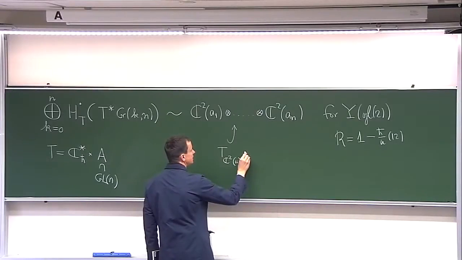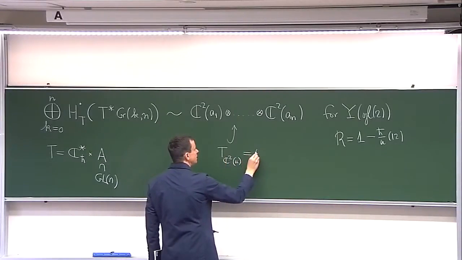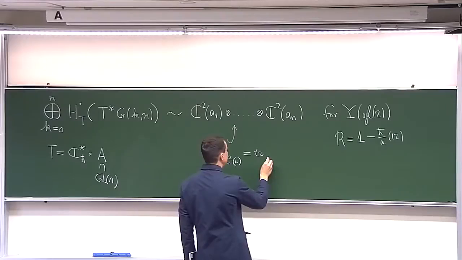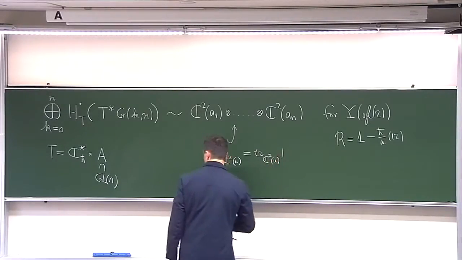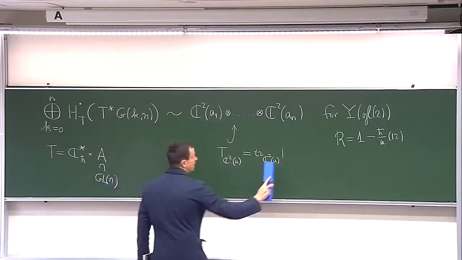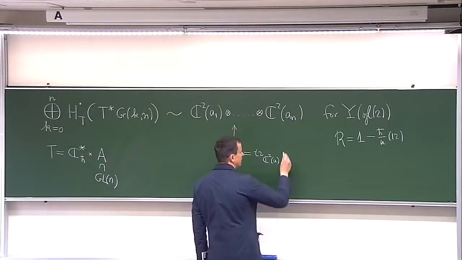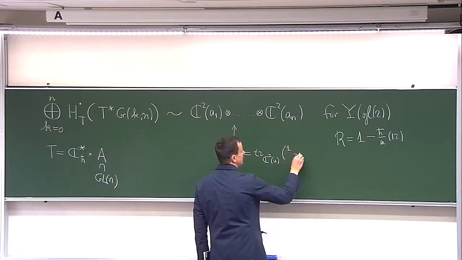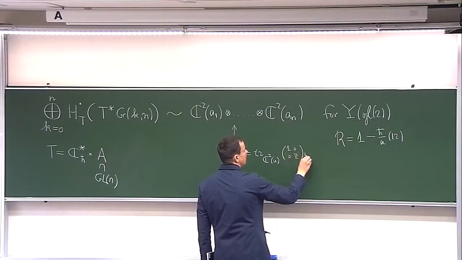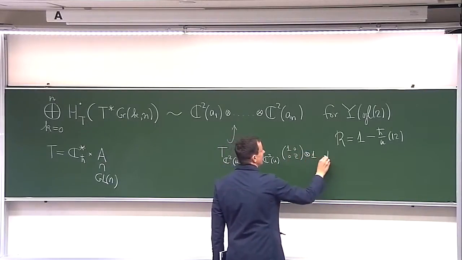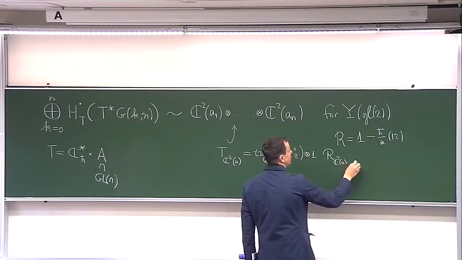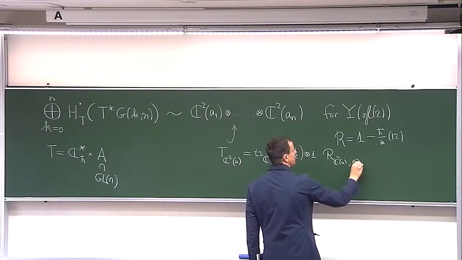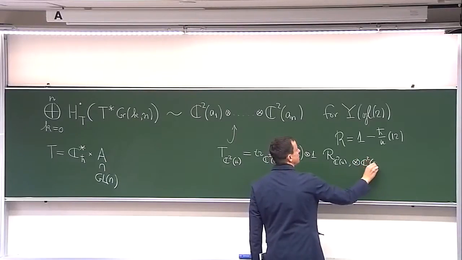So this is the trace over this auxiliary space of: we act in the auxiliary space by the matrix 1 z, and then tensor 1 times the R matrix of this C2 u. And here we take the product over C2 a_i.